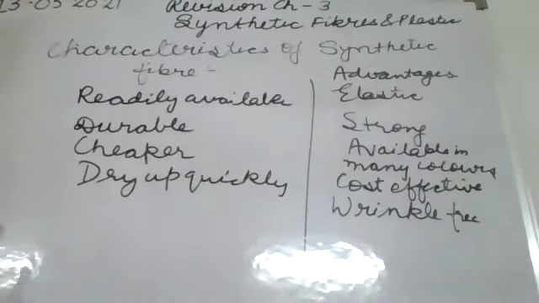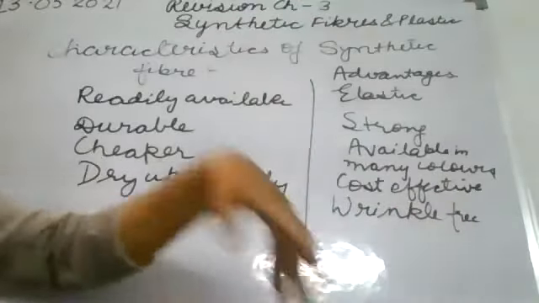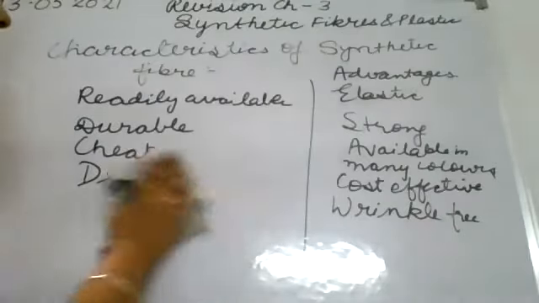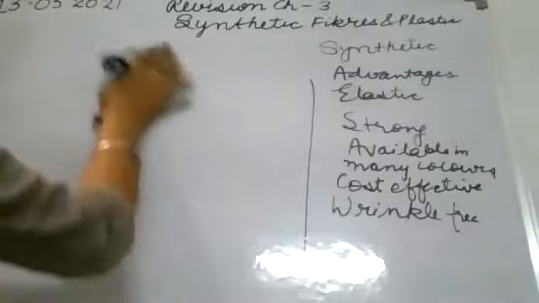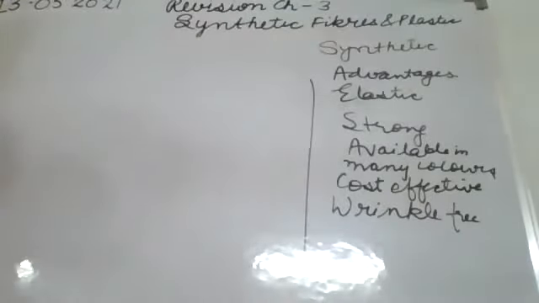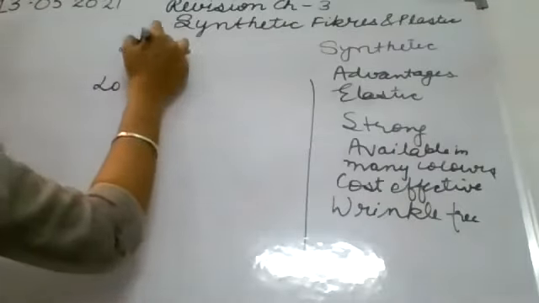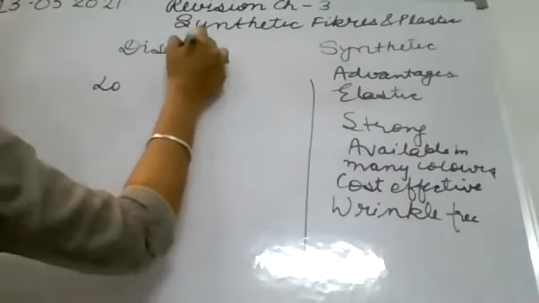But if there are advantages of synthetic fiber, then there will be disadvantages. There are some disadvantages of this synthetic fiber also. So what are the disadvantages? Non-biodegradable. It does not get decomposed by the action of bacteria, and it also has a low melting point. It catches fire easily.